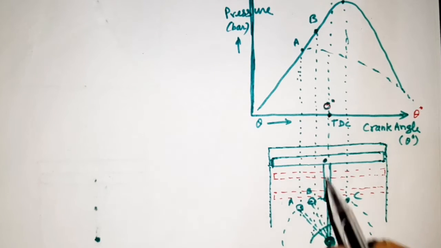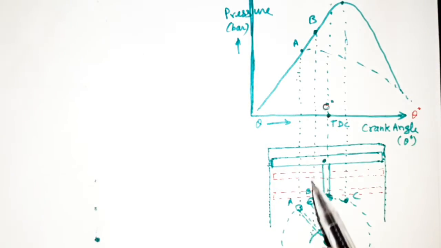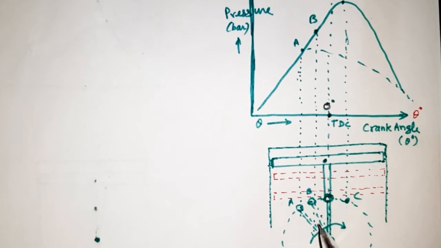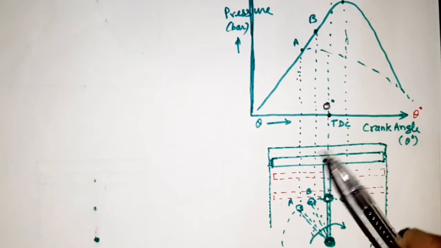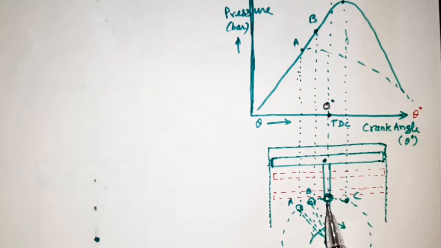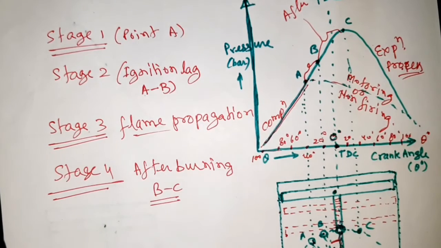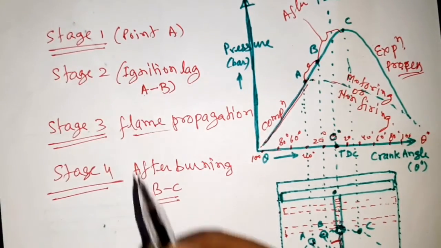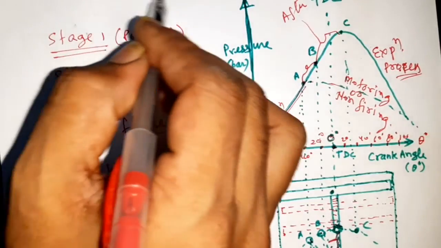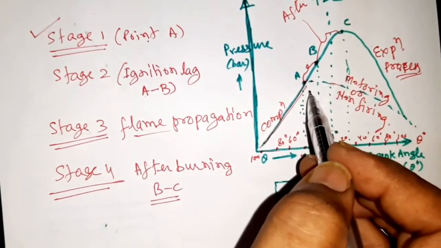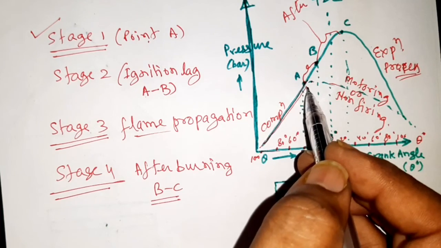Before it, at point B, the crank angle is given at this location. This is around 20 degrees. So this angle is 20 degrees, and at point A, this is around 35 degrees. With the displacement of this piston, the crank angle is also changing like this.